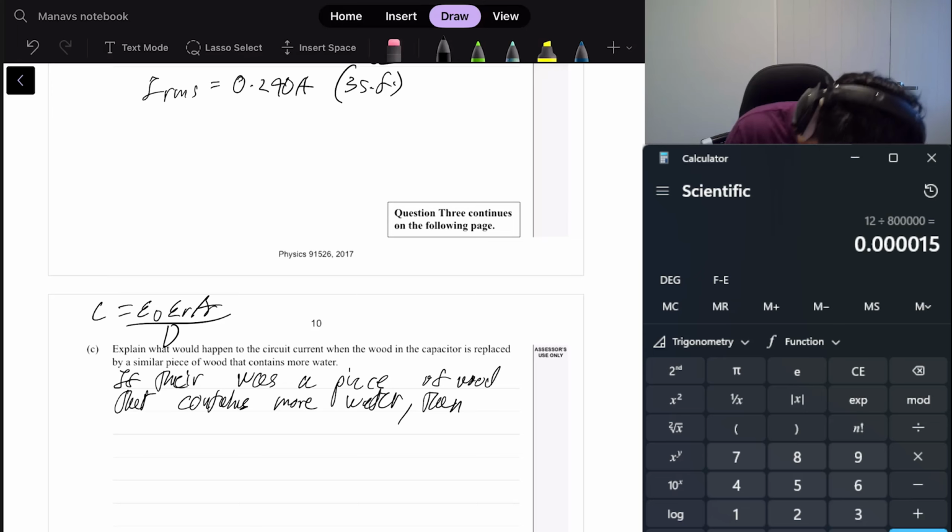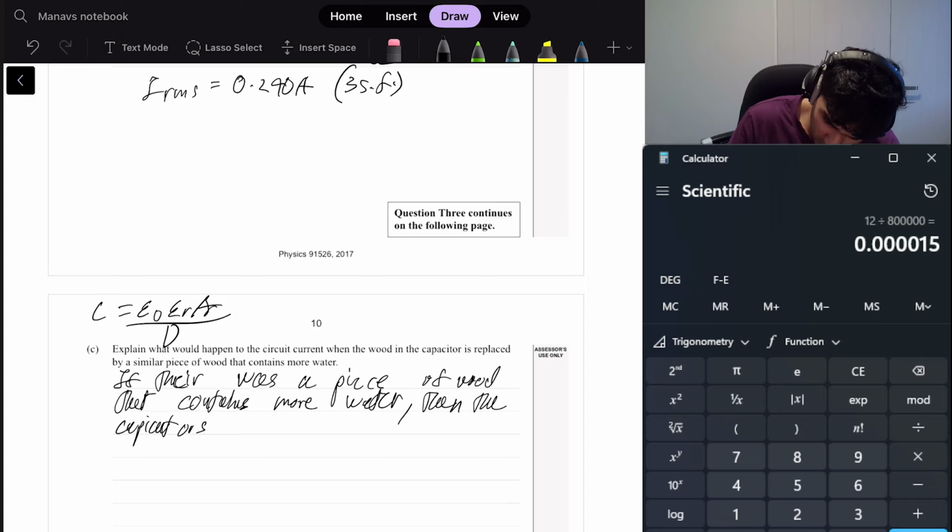So if that increases, that means capacitance increases.